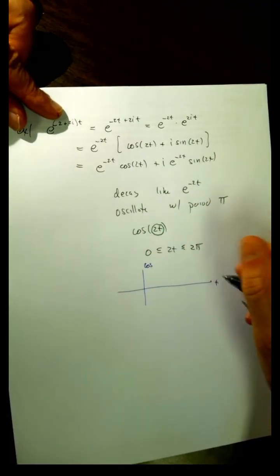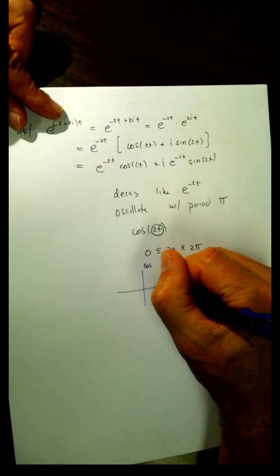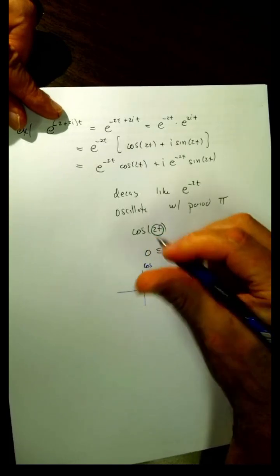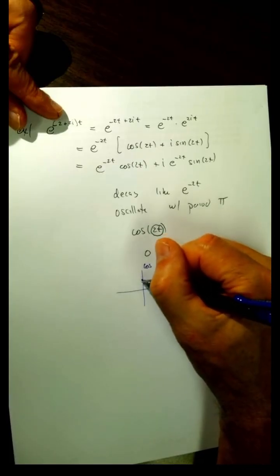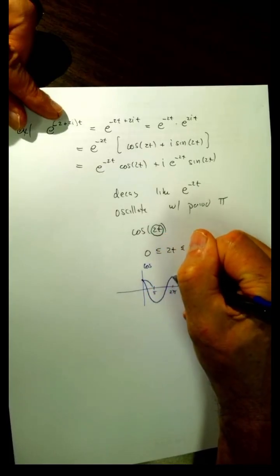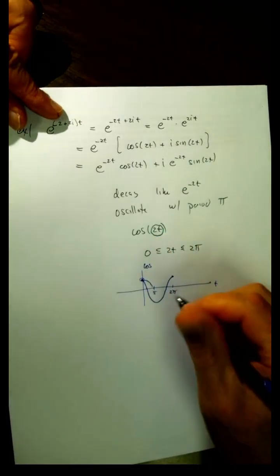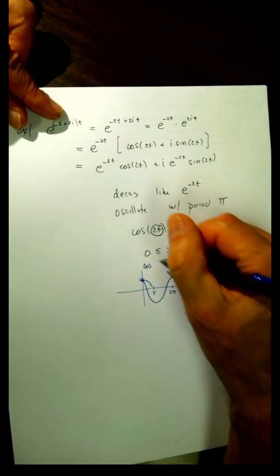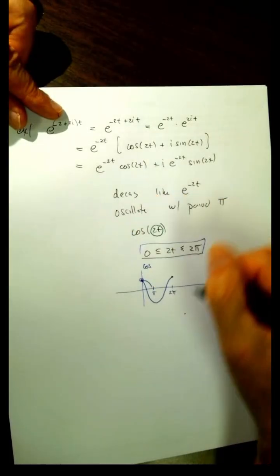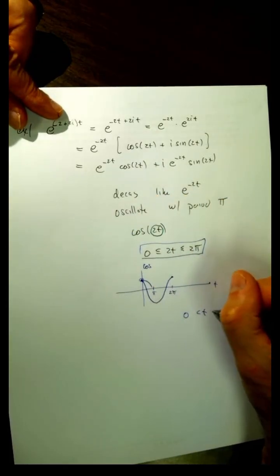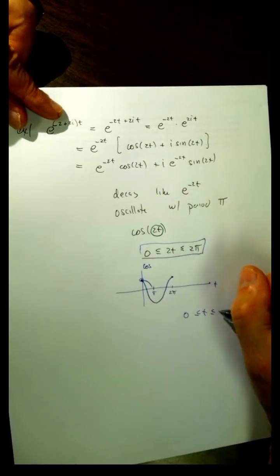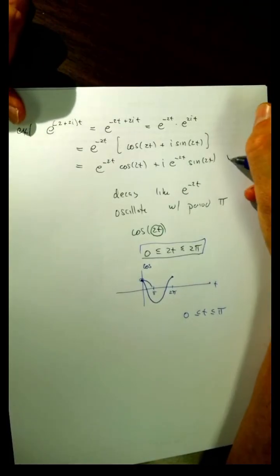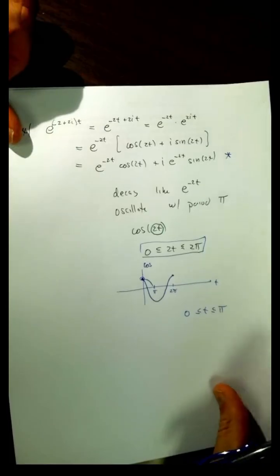And the reason for that is the cosine goes through one whole oscillation from 0 to 2 pi. So that means then, going back to here, divide through by 2, as t goes from 0 to pi, this is going to go through one whole cycle.